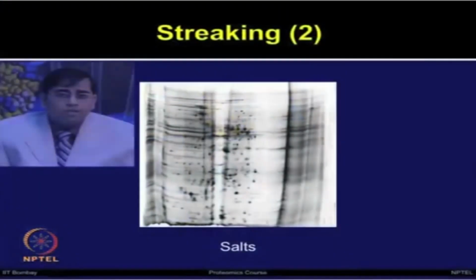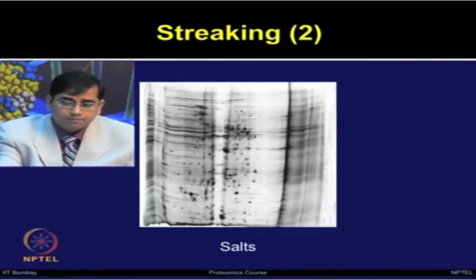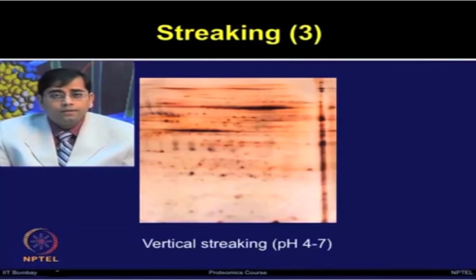As shown in this gel, the presence of salt can be interfering and may result in vertical streaking. If you are using a narrow pH gradient strip such as the 4 to 7 pH strip, then vertical streaking can appear, because all the proteins beyond 7 pI will stack together in that region.